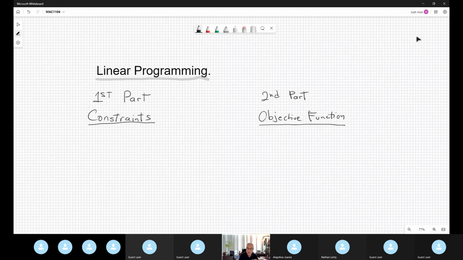For example, in a company, I want my profit maximized because I want more money. However, I want my cost of production minimized. So given these constraints, I need to minimize or maximize the objective function.